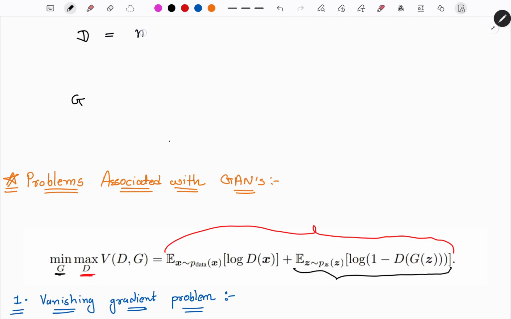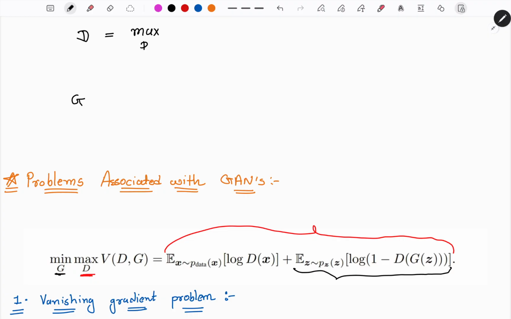So the loss function corresponding to the discriminator: when we are calculating loss for the discriminator, for finding the optimal, best parameters of the discriminator, we maximize the loss function.